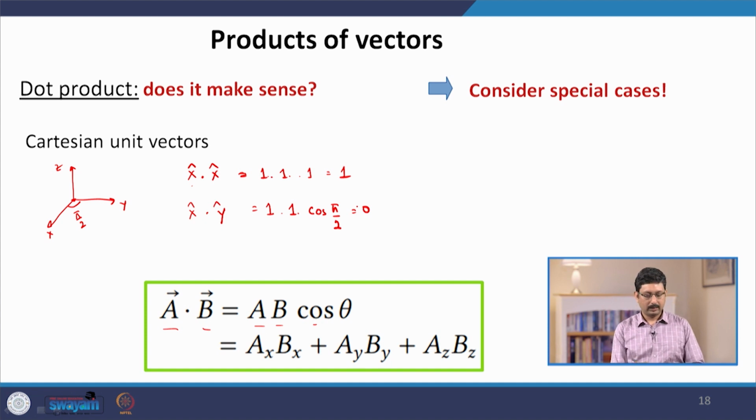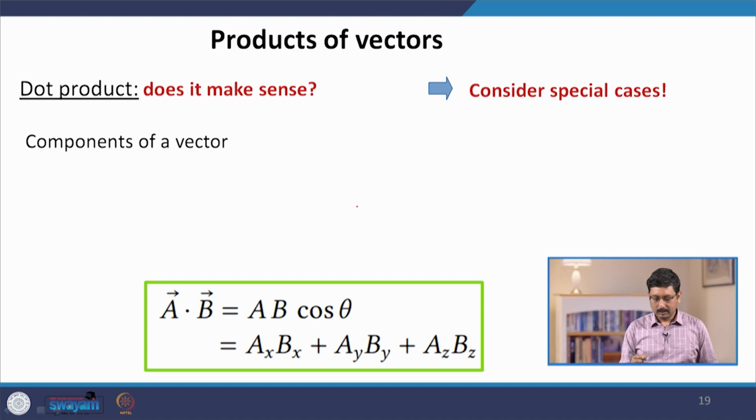That means x hat does not have any projection on the y direction, and vice versa, the y direction does not have any projection on the x direction. So, they are perpendicular. If you take two perpendicular vectors, then their dot product is 0.